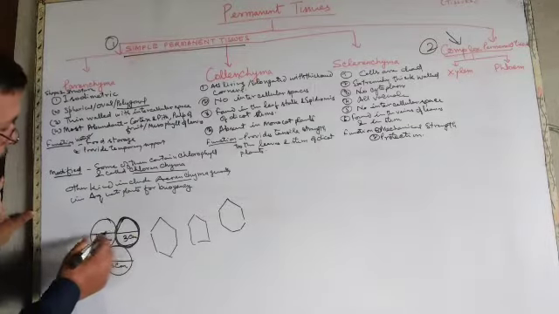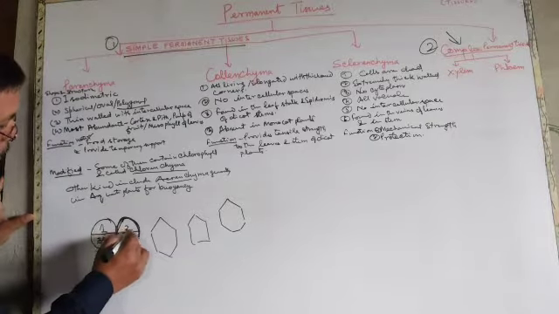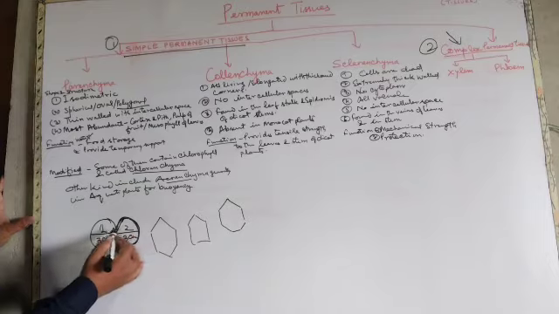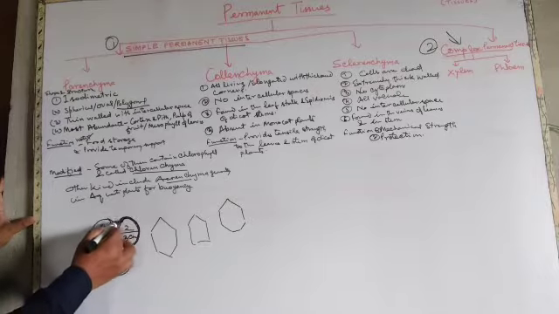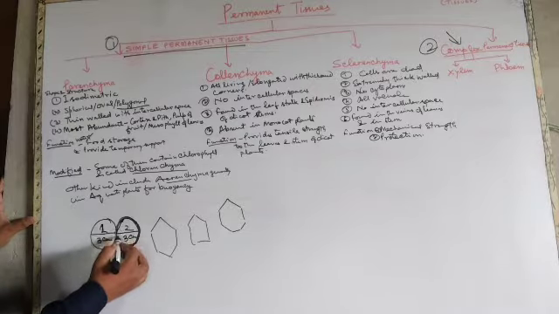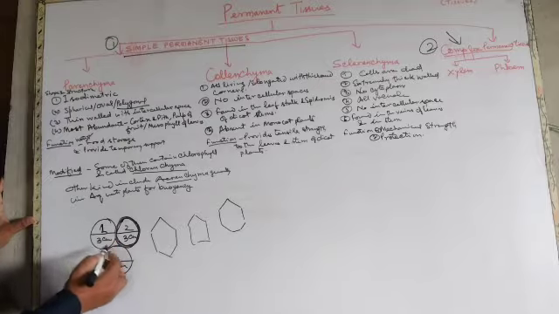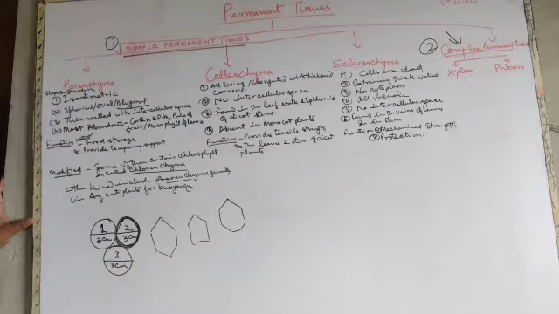Suppose this one is cell number 1 and this one is cell number 2. If I ask whose cell wall is thick, you can easily see, as I have moved my pen 2-3 times on the wall of the second cell, the wall of the second cell is thicker and the walls of cell number 1 and cell number 3 are thinner. So nearly all the cells that make parenchyma are thin walled, and intercellular spaces are present.